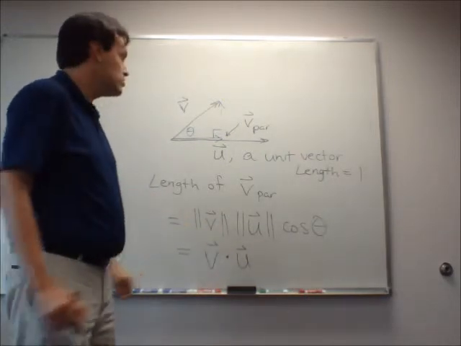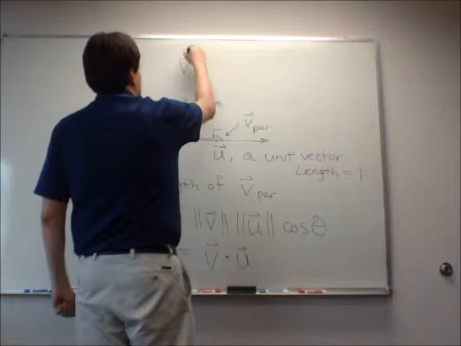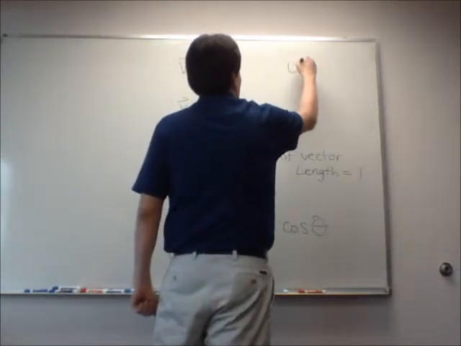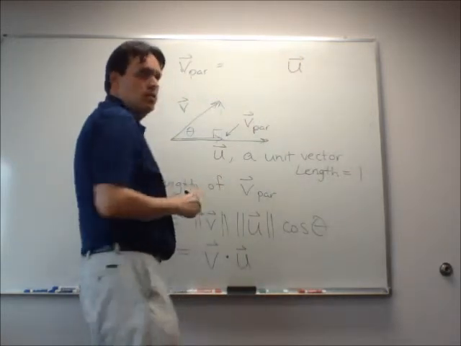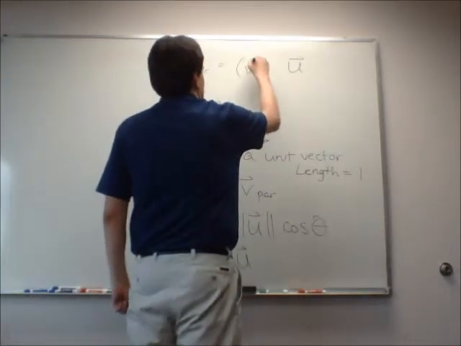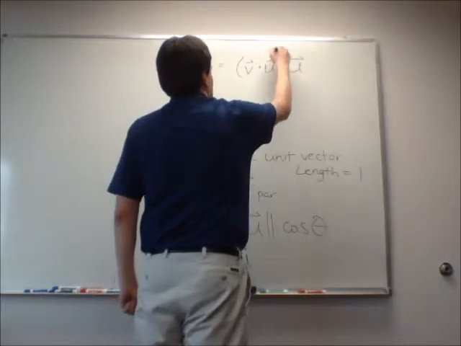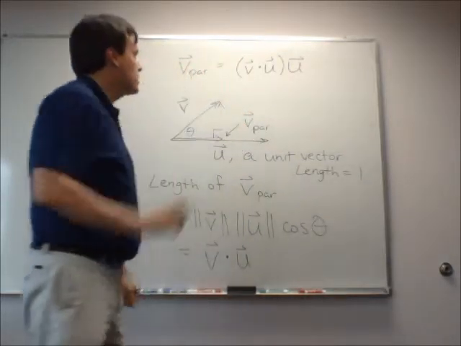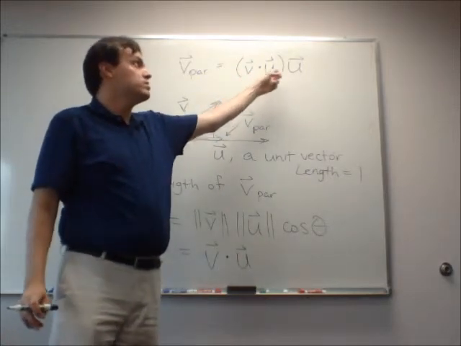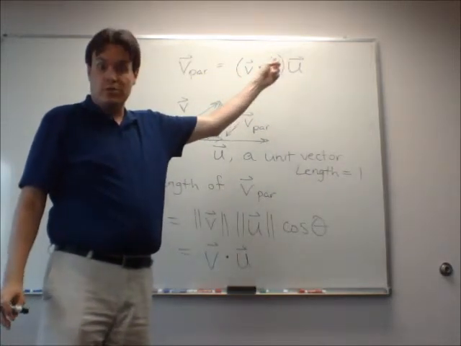That's v dot u. So my parallel component is going to be my unit vector times the magnitude that I want it to have, which is v dot u. And that's the formula that I get. That should look familiar to you. The dot product of v with u times u, where u is assumed to be a unit vector.